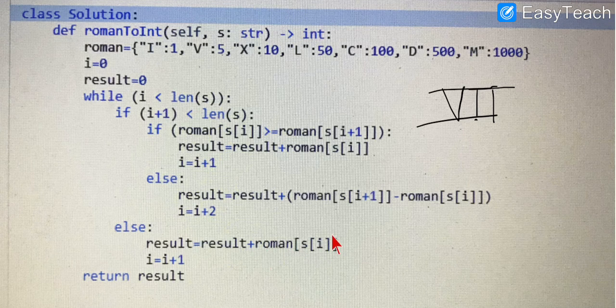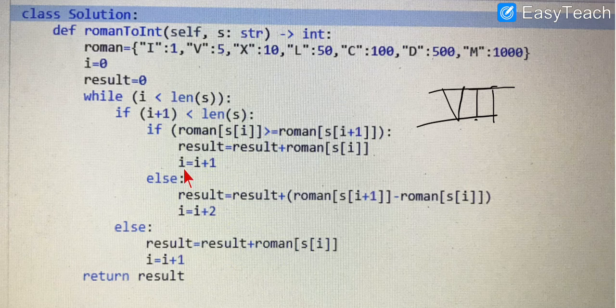So when you access Roman of s of i, what you get is Roman of 1, because i is pointing to this, s of i is this, so it goes into the dictionary and finds its value as 1. So finally 1 is added to the previous result, and then finally the result is returned.